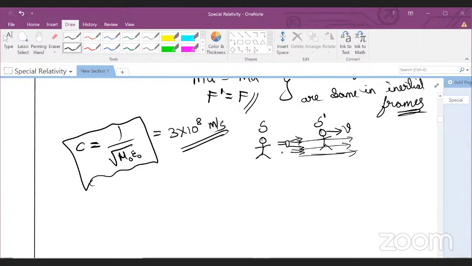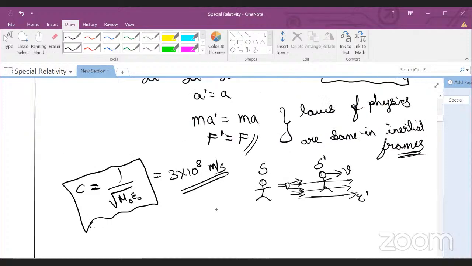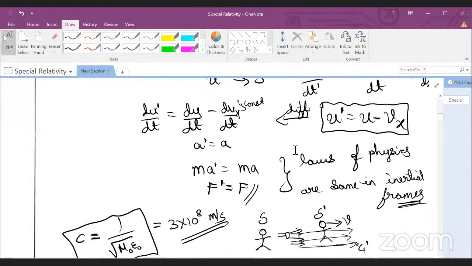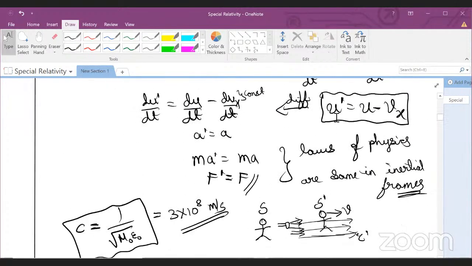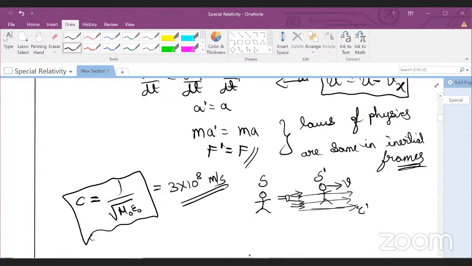So for the S frame, the velocity of light is c. For the S dash frame, according to Galilean relativity, we get c dash equals c minus vx, where c dash is the speed of light according to S dash.